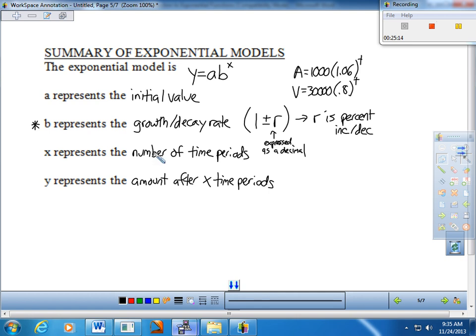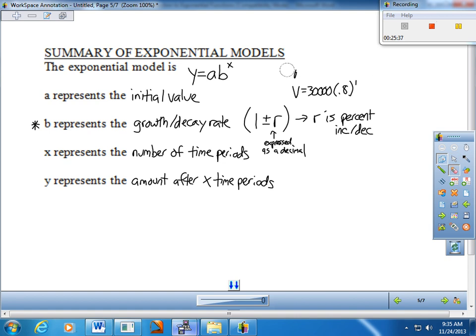So independent variable, dependent variable, and again with exponential models, typically the independent is going to be time. All right, and that's what we see here, the amount or the balance over time and the value over time. I hope it's all clicking at this point. I'm going to erase this piece. I don't think we need it anymore. And that's what we have.